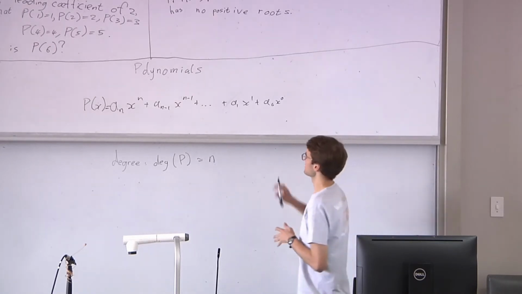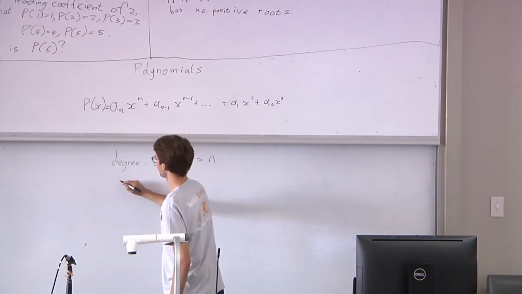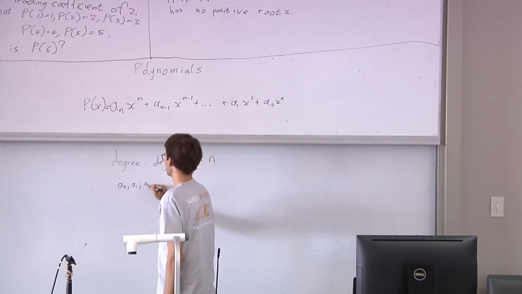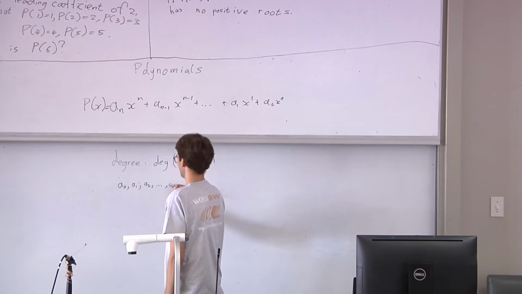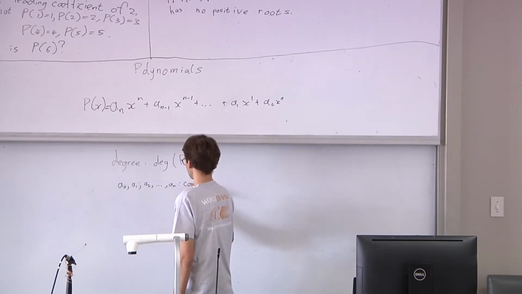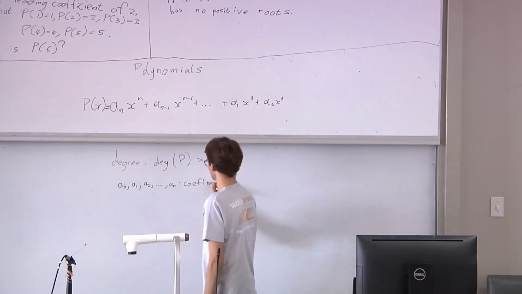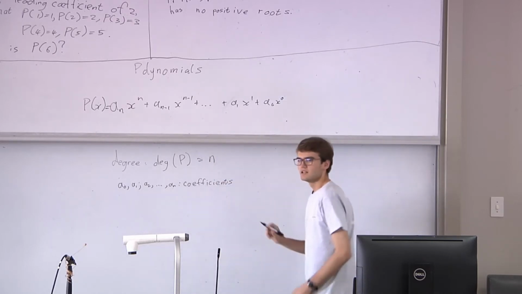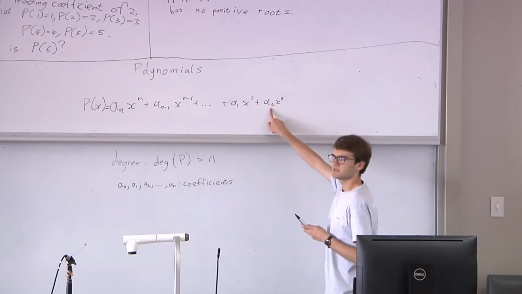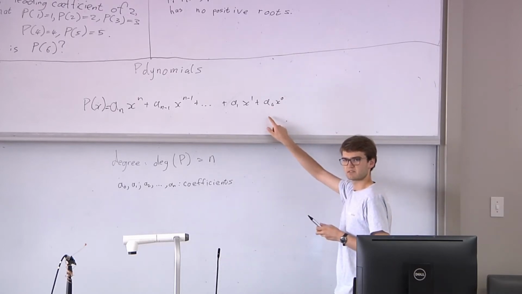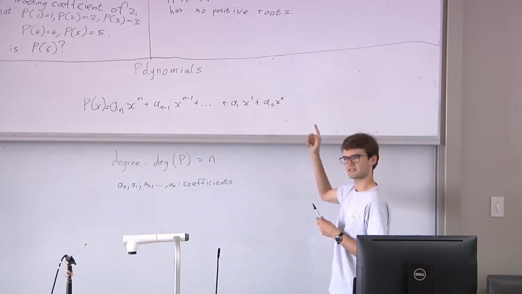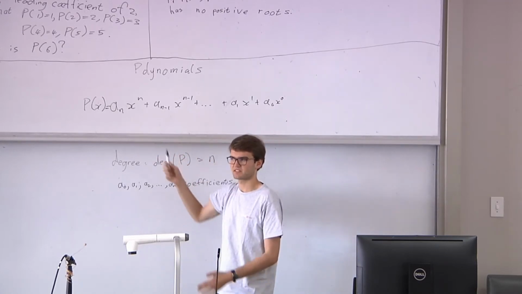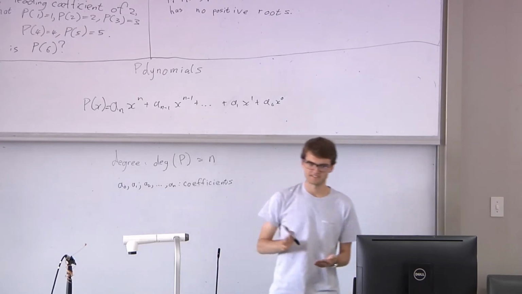And these here, a_0, a_1, a_2 to a_n, are known as the coefficients. Specifically, a_0 is called the constant coefficient because it doesn't depend on x, and a_n is known as the leading coefficient because it's leading in the expression.